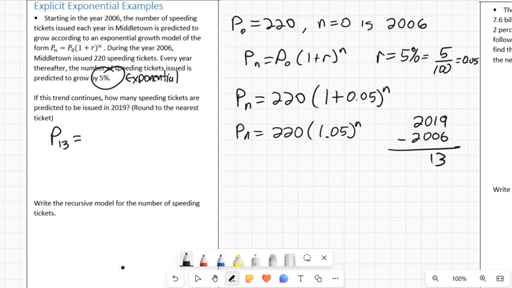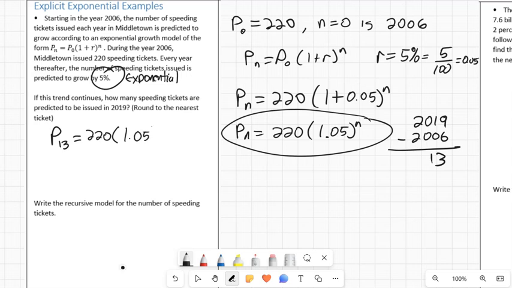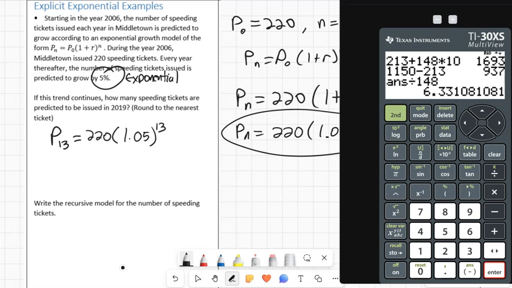And that would just be, we have our explicit model, so it's 220 times 1.05 to the 13. And this is something we can easily calculate with our calculator.